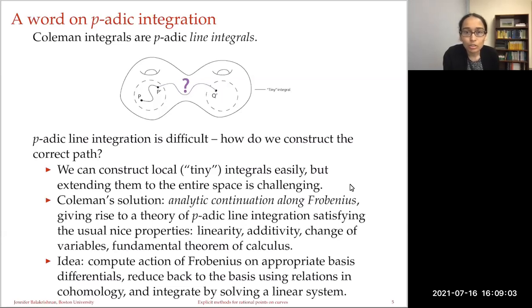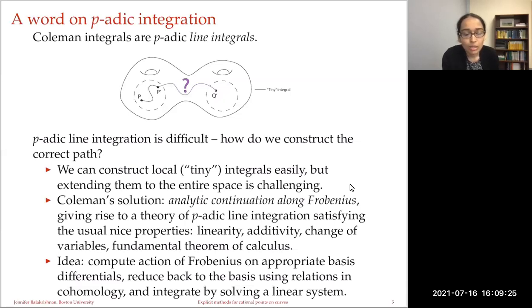But then what do you do across the whole space? So if you were to do this across every neighborhood, across every residue disk, how do you know that you've done something compatible? Well, Coleman's solution to this was to bring Frobenius in and to say, well, Frobenius fixes a path between 2 points.